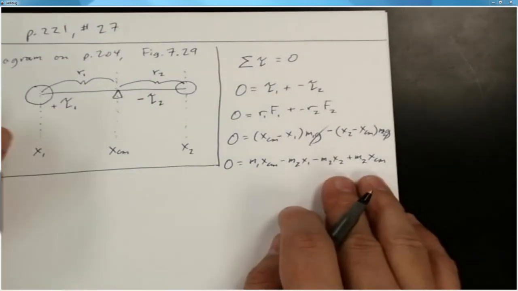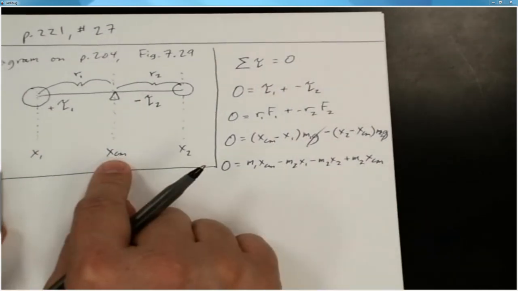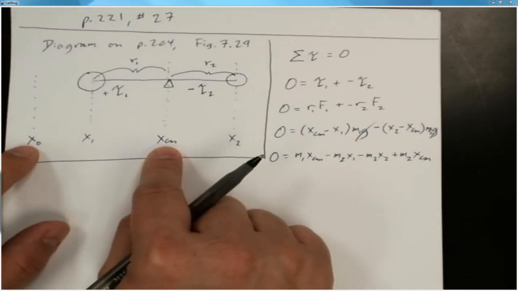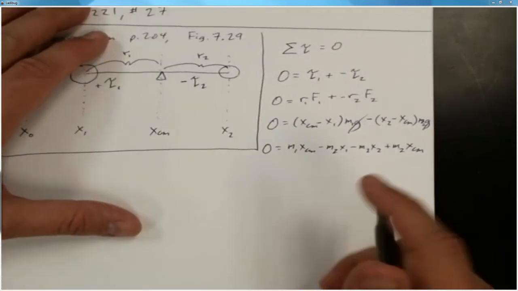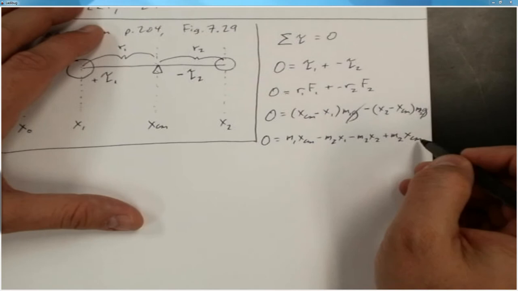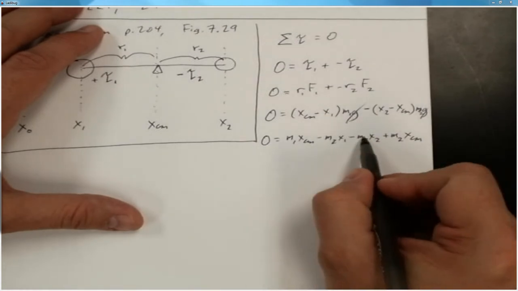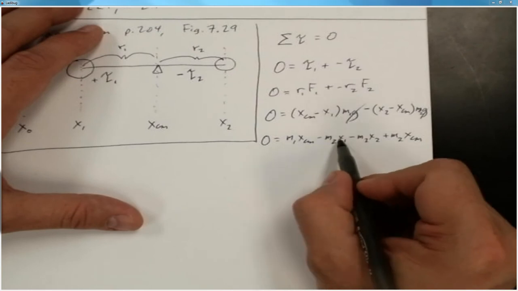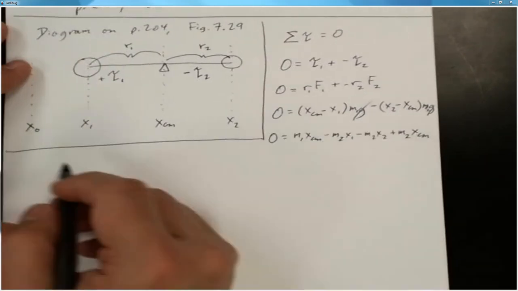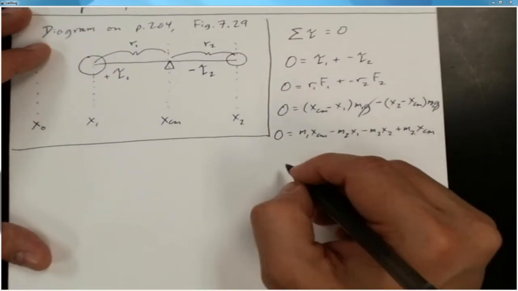I am trying to find the distance from my origin to the center of mass. So I'm going to be solving for x sub cm. So these two terms, I don't need on this side. I'm going to shift them to the other. So I'm going to add this to both sides. Let's just keep doing it here.